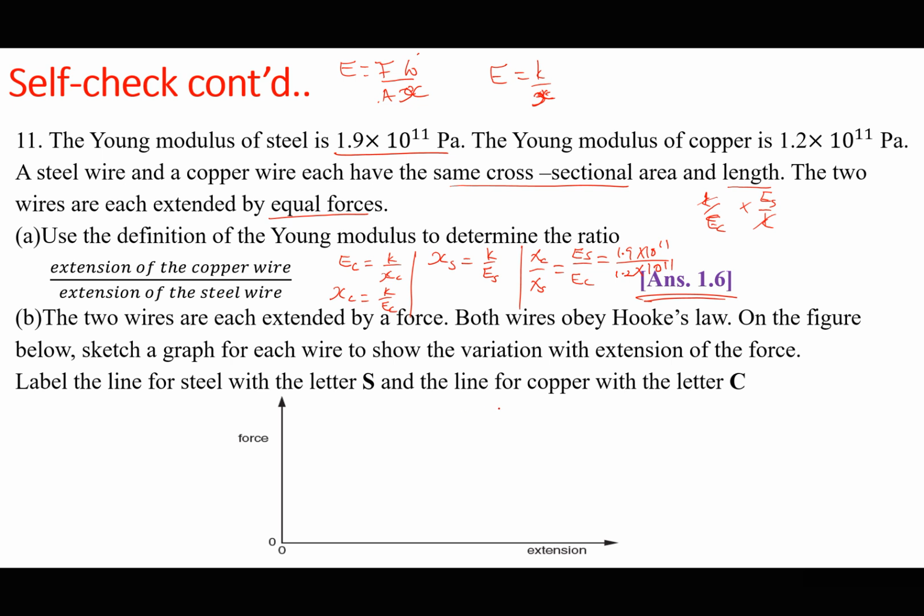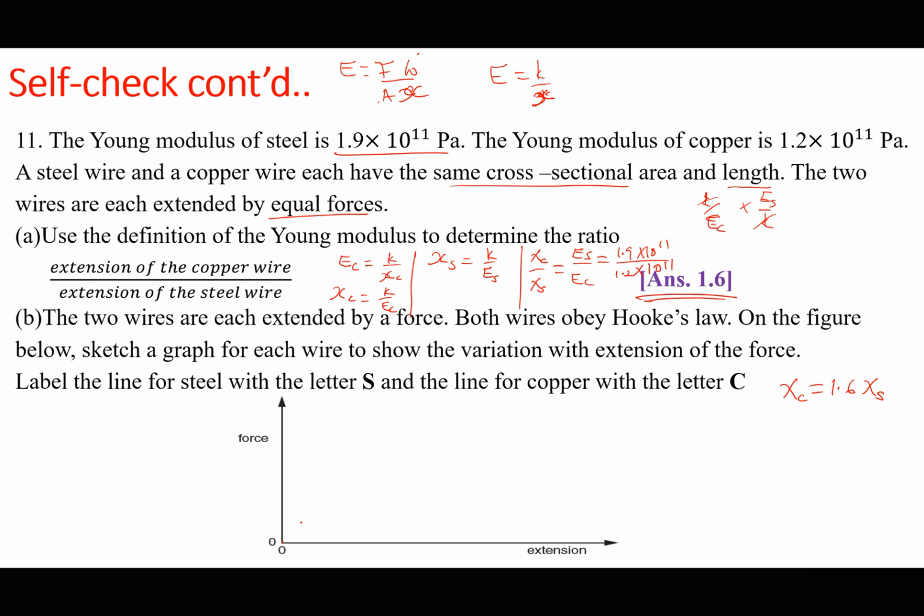So we have seen that extension for copper is equal to 1.6 times extension for steel when we use the same force. What does that mean? It means copper is less stiff. The same force will cause a bigger extension for copper than for steel. So I'll draw two straight lines, but the one for copper will be at the bottom because it extends more.